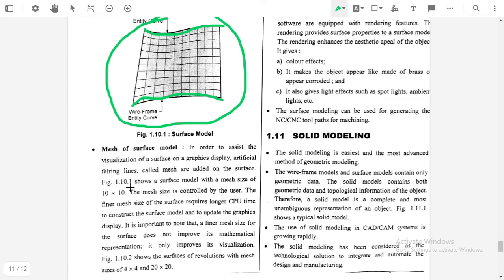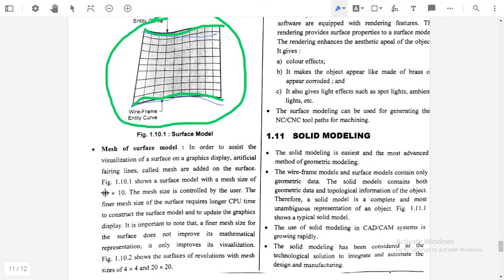In this diagram, the surface model is bounded by two entities, an upper entity and a lower entity.